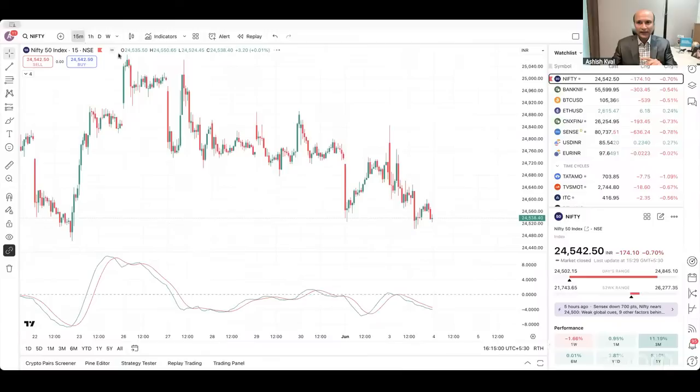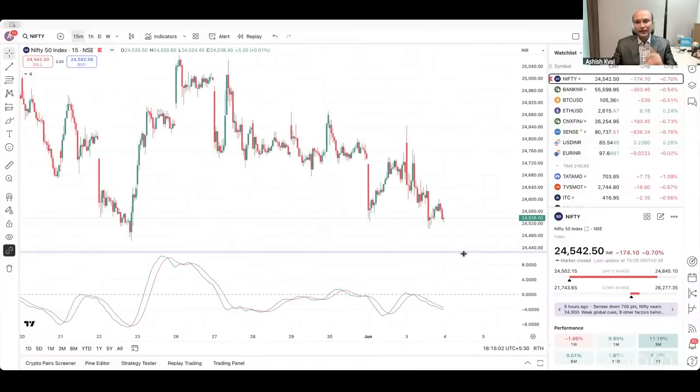On a 15 minutes time frame chart, we are yet to see a momentum in KST which will confirm above the zero line. Okay, so Nifty KST line on the 15 minutes chart is yet to show momentum above the zero line.